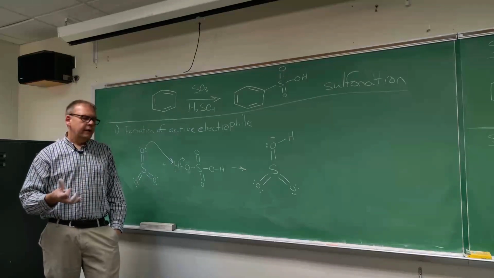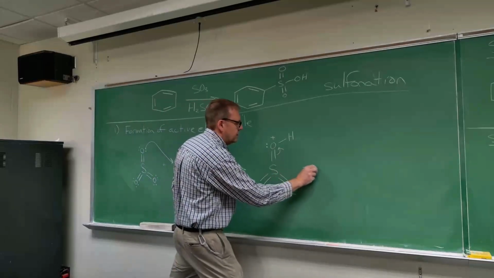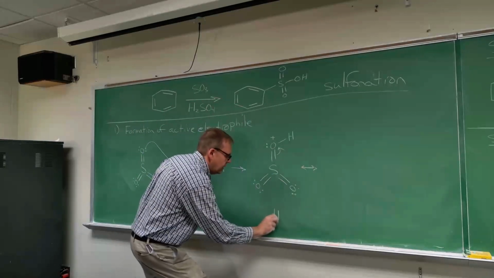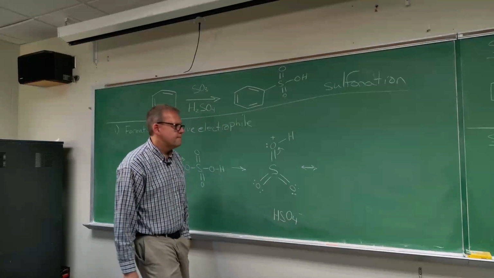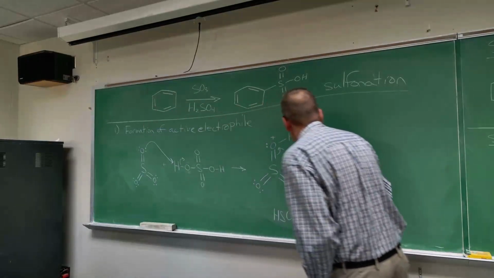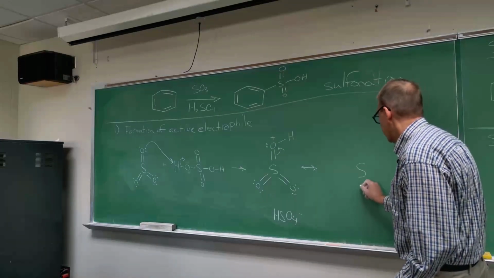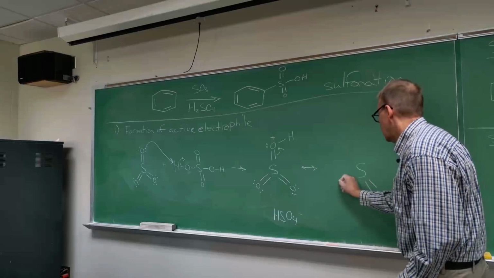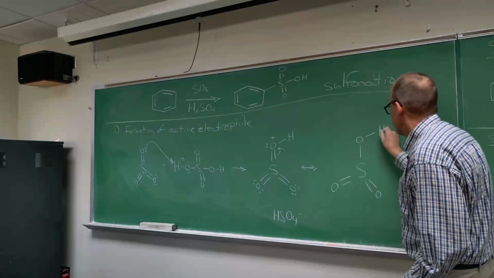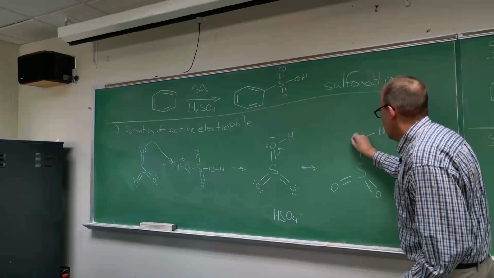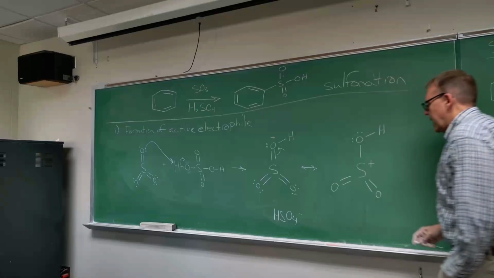There is also, if you want to think about this, a resonance structure of this. So I'm going to show a resonance structure of this activated intermediate. By the way, there's an HSO4 minus counterion here. I'll just put that in for completeness. And what you get then is an intermediate that has this resonance structure, and this is one that looks an awful lot like the sulfonic acid.